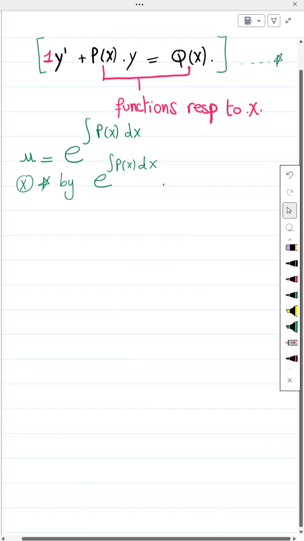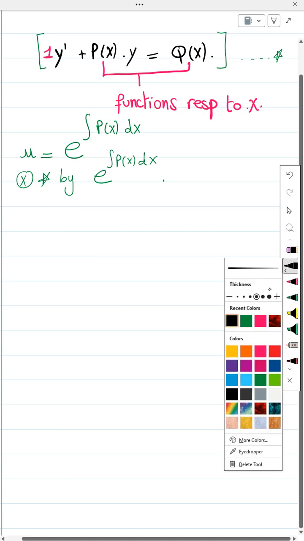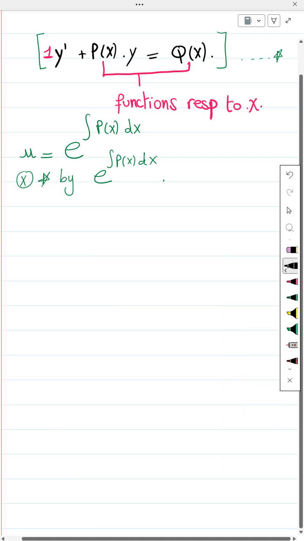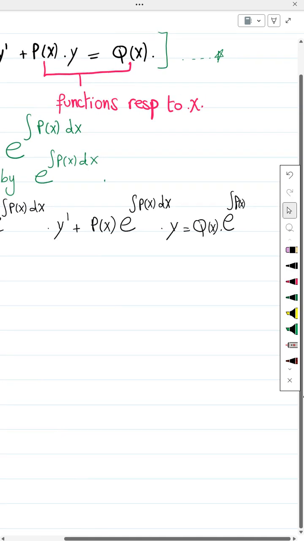Then we will obtain something. Sorry, let me write in black. It's going to be the exponential of the integral of p(x) dx times y prime plus p(x) times the exponential of the integral of p(x) dx times y, equal to q(x) times the exponential of the integral of p(x) dx.